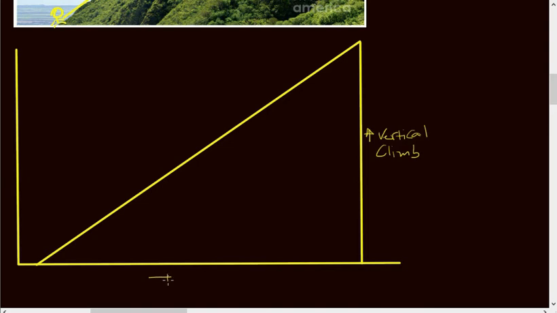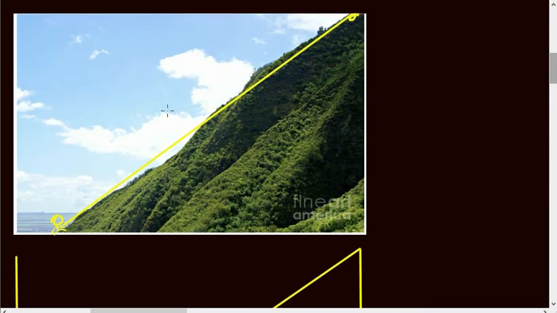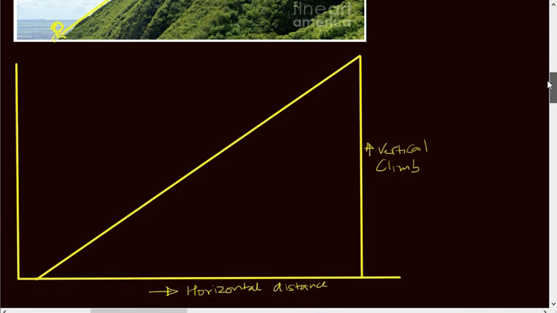And this is the horizontal distance. Though the person is walking along this, he or she is actually covering two types of distances.